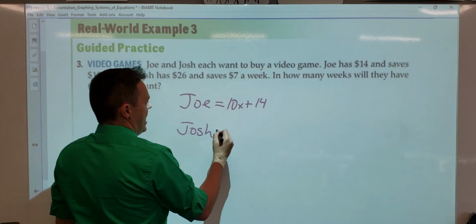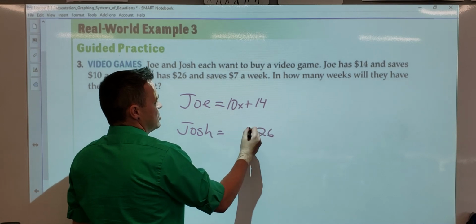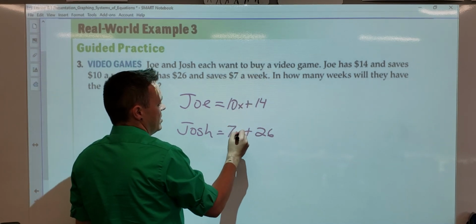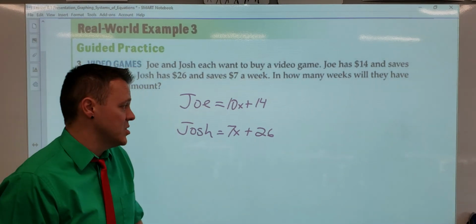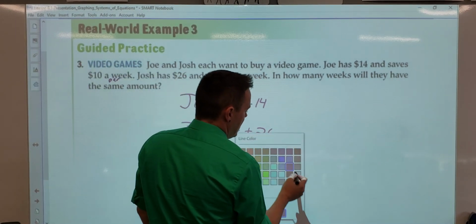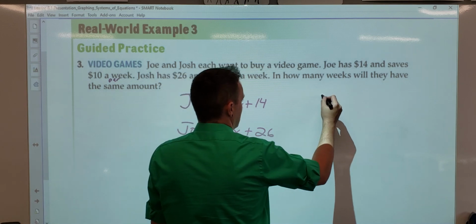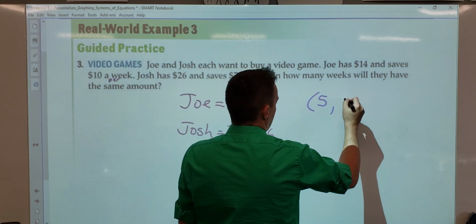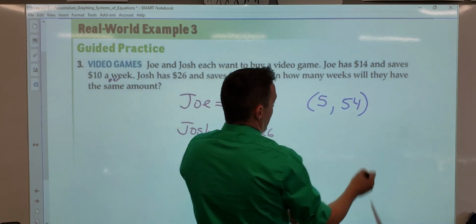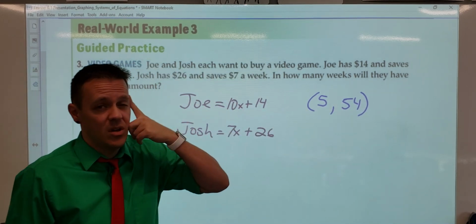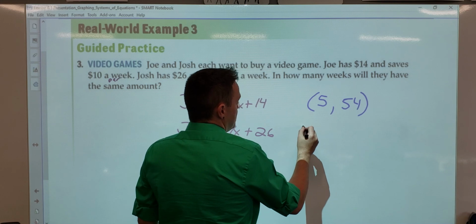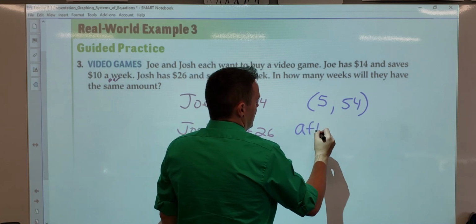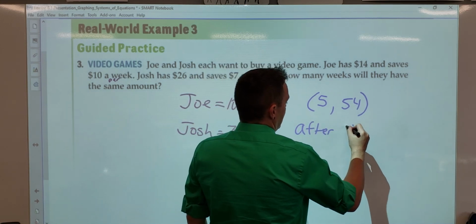Josh has $26, and he is saving 7 a week. There's your equations. Graph them in Desmos and figure it out. I believe when I've had all my students graph it today, I'm pretty sure the answer is 5 and 54. If that is wrong, it's because I'm trying to do it off my head. Graph it and find out if it's right or wrong.